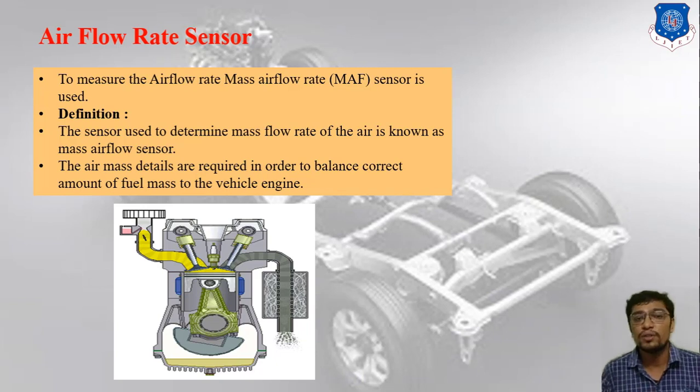As we all know, during the mixture inside your combustion chamber, there are two components. First one, that is air, and second one, that is fuel. So how much amount of air can we produce inside our chamber? This is the function or objective of the airflow rate sensor, right? So move forward to the next slide.